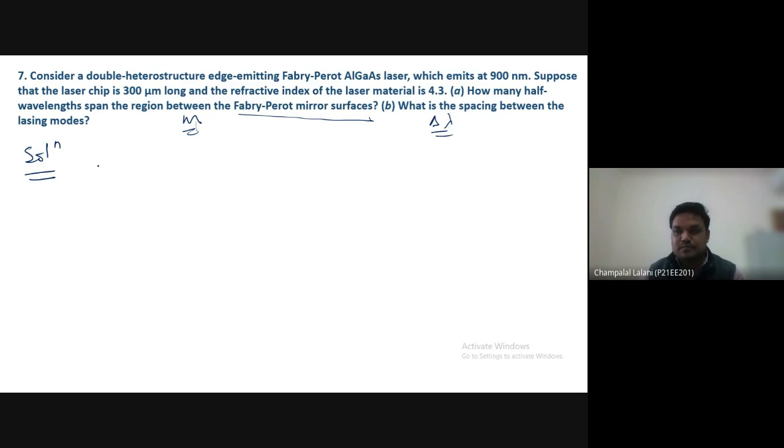So first we have to calculate the number of modes and second delta lambda. We know that the number of modes is 2NL by lambda.